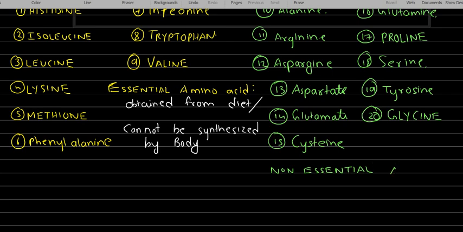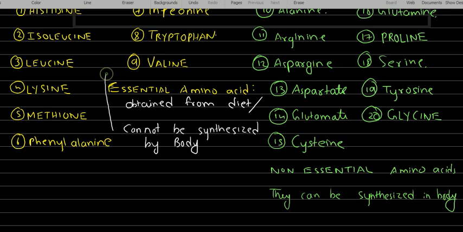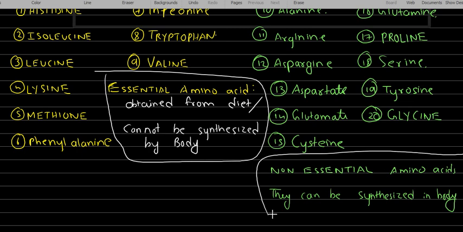Non-essential amino acids can be synthesized by the body from other sources. That's the most important difference between both of them. So I hope you understood the difference between essential and non-essential amino acids. Let us move further.